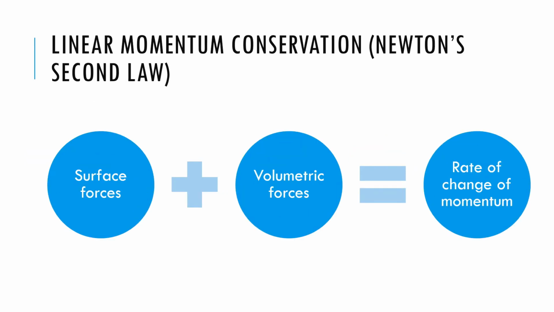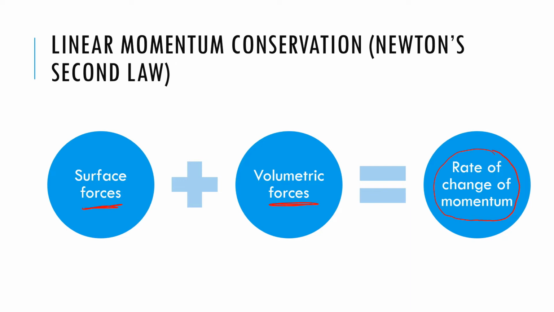Conservation of linear momentum is really Newton's second law, which means the sum total of all the forces acting on the food, that is the surface forces plus volumetric forces, should be equal to the rate of change of momentum.